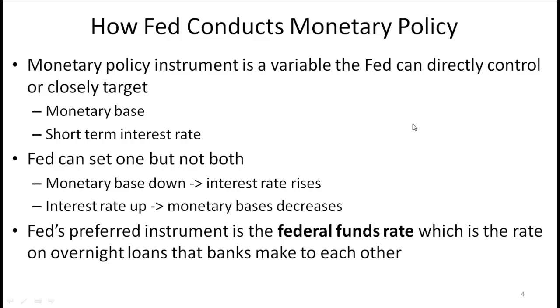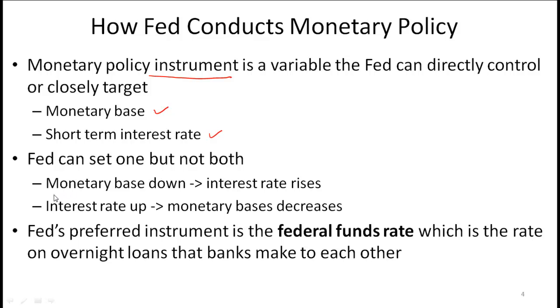How does the Fed conduct monetary policy? The first concept to understand is that of a monetary policy instrument. And this is a variable the Fed can control either directly or very closely target. The two most important monetary policy instruments are monetary base and short-term interest rates. The Fed can set one but not both.